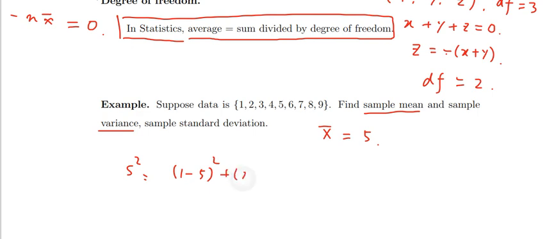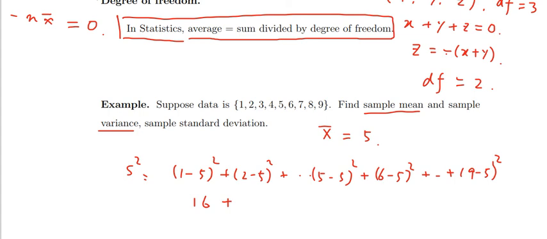Then 2 minus 5 squared, like that, right? Then 3 minus 5 squared. Then 5 minus 5 squared. Plus 6 minus 5 squared. And until 9 minus 5 squared. So this is the summation of xi minus x bar, squared. This number is easy to calculate. 1 minus 5 is 4, so 4 squared is 16.